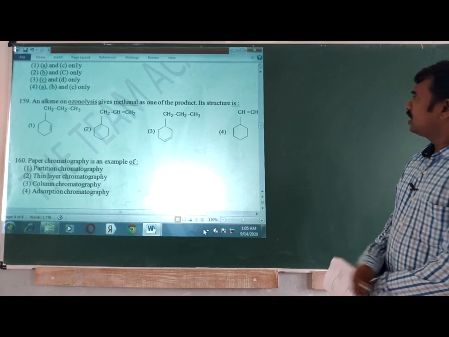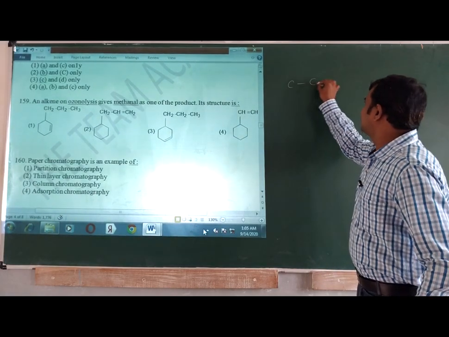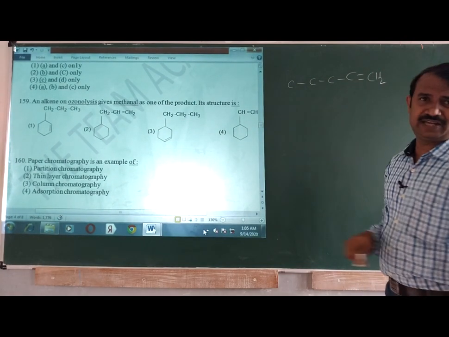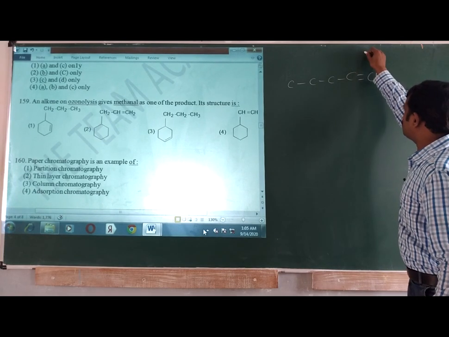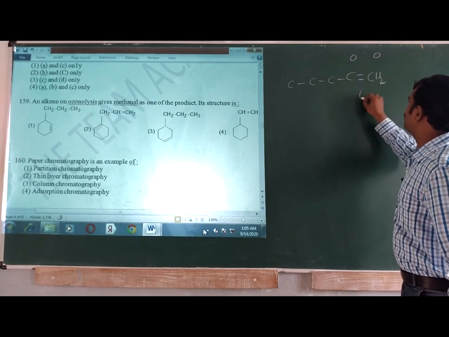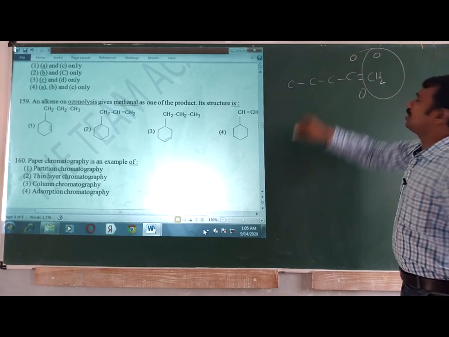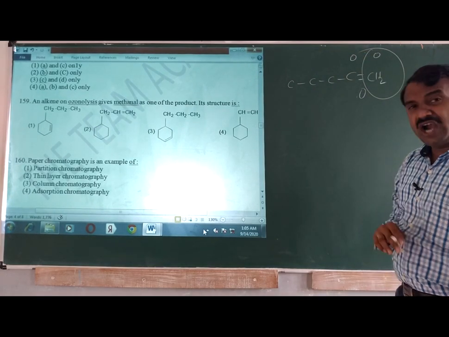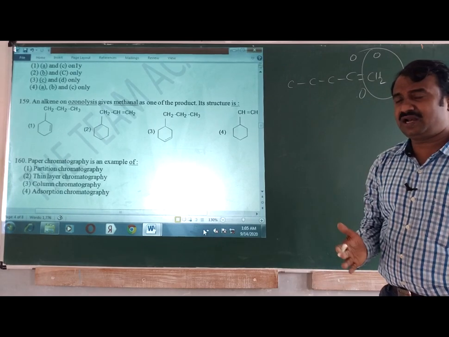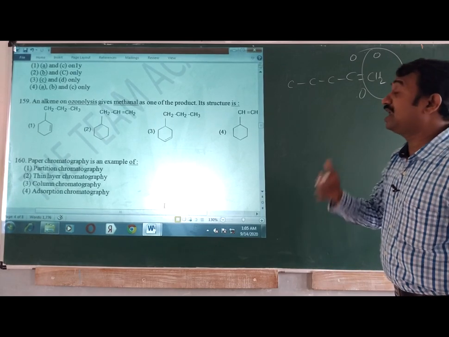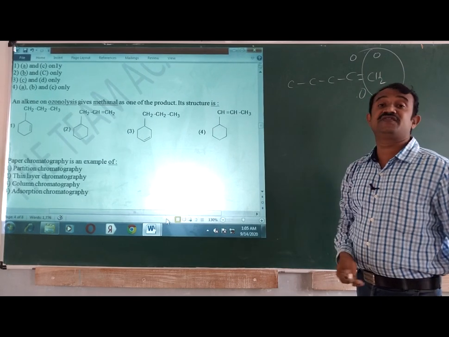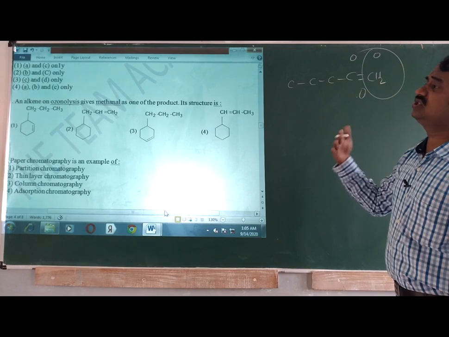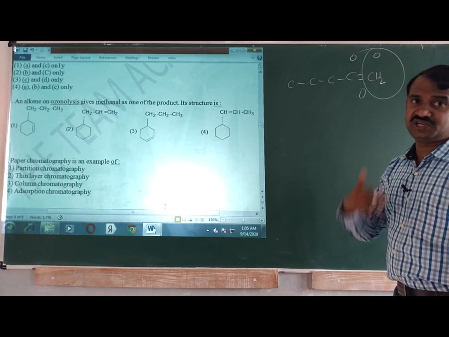You should know that when a terminal alkene undergoes ozonolysis, you will get formaldehyde. If a non-terminal alkene is there, you will get different types of aldehydes. If a branched chain alkene is there, you will get ketones.